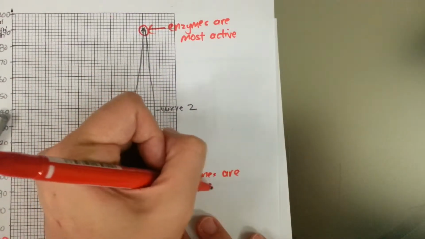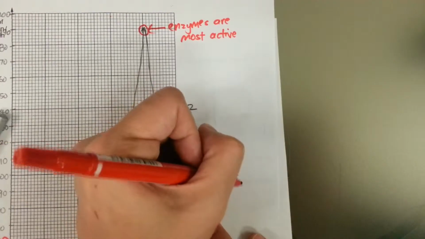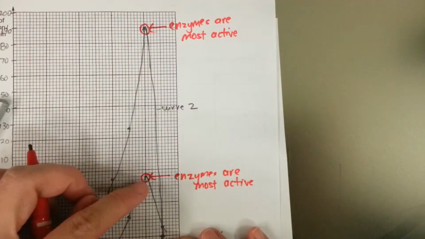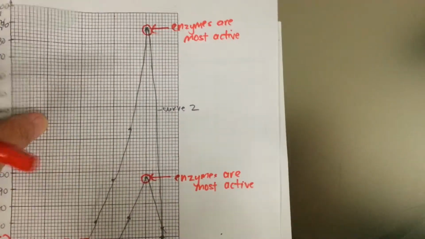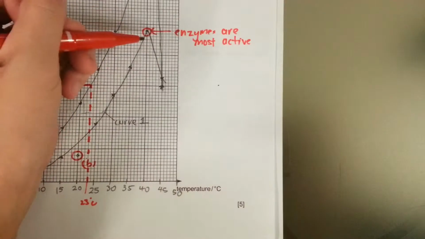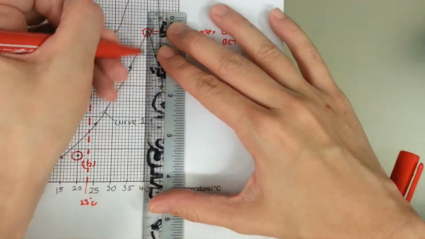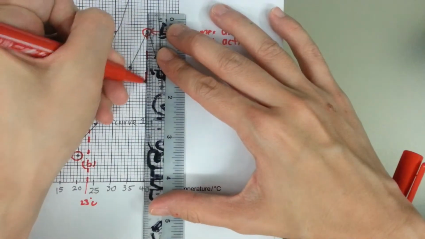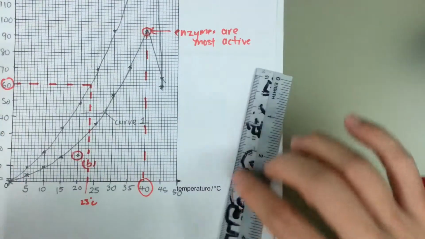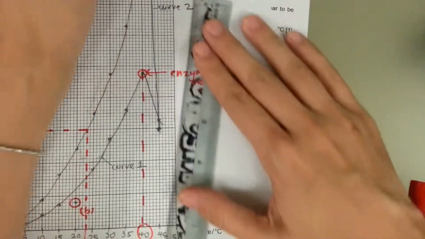Write this down on your graph so that you can remember. So these are the 2 points where my enzymes are most active. So the temperature is at 40 degrees Celsius. See that?